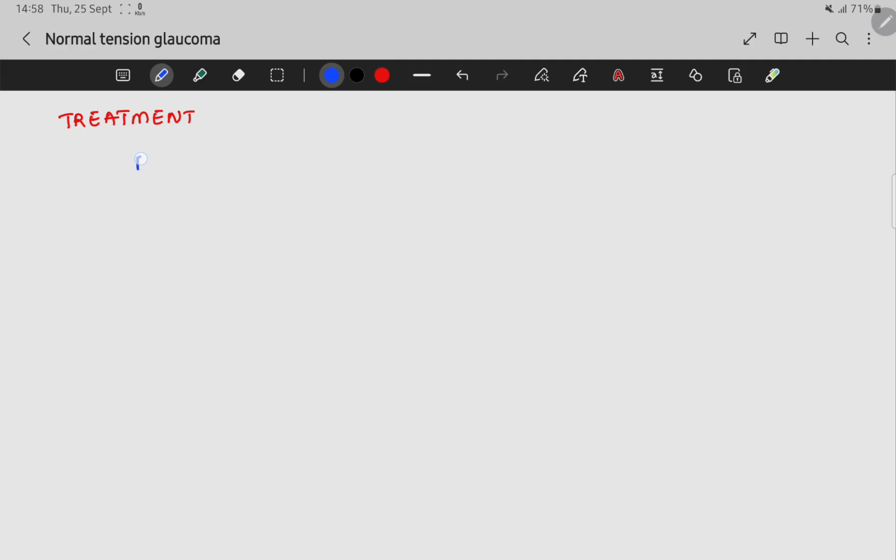Now coming to the treatment part, there is medical management as well as surgical management. In medical management, we have the preferred drug, topical beta blockers. An example is betaxolol.